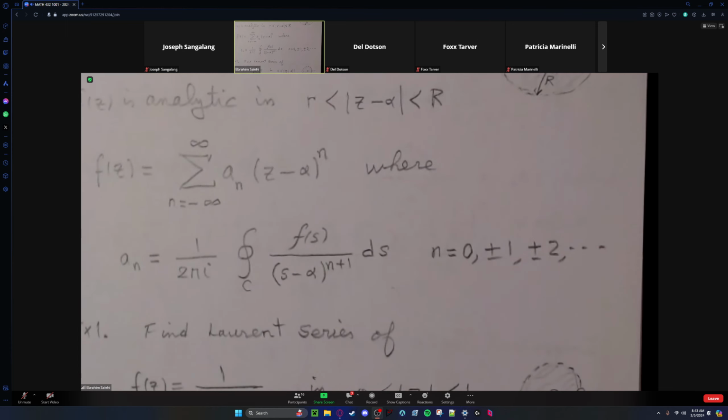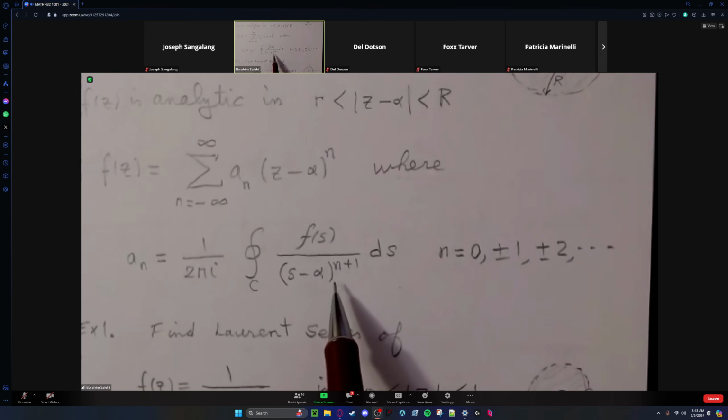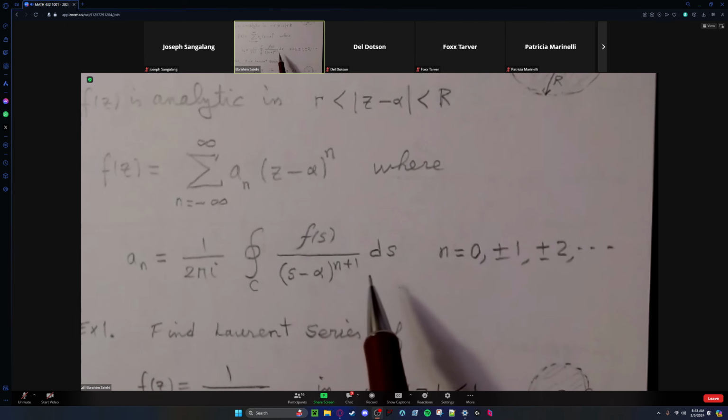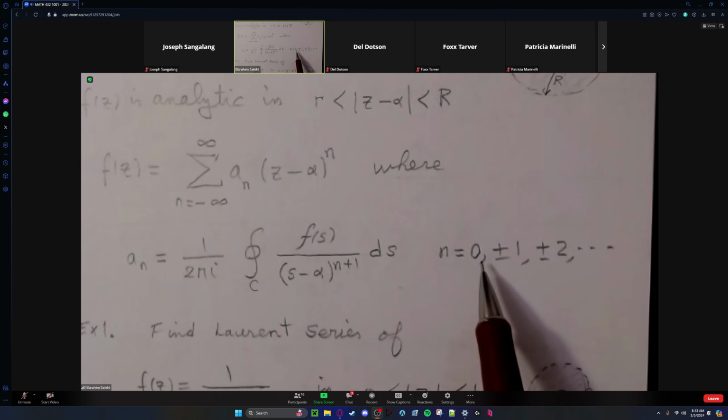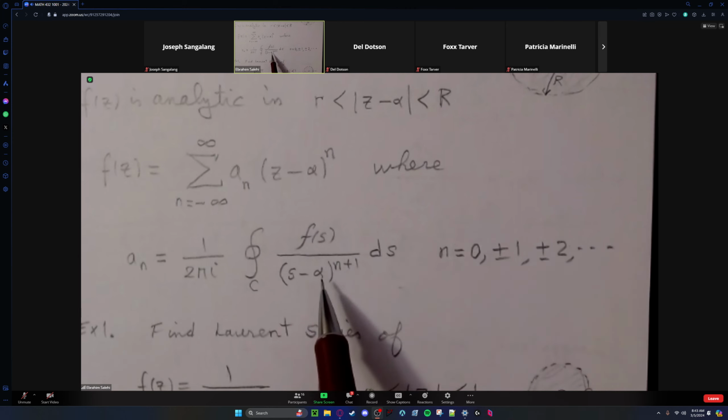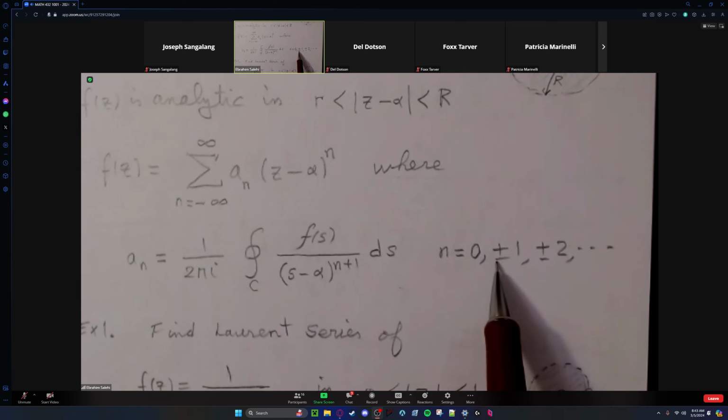The rest is quite similar to what we had in Taylor series. The difference is that in Taylor series, n was 0, 1, 2, but here n can be negative. N can be -1, -2, and so forth.